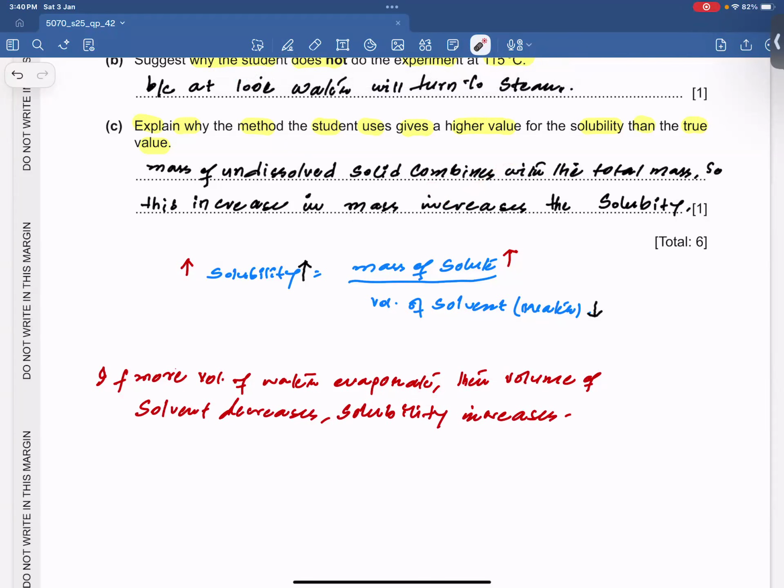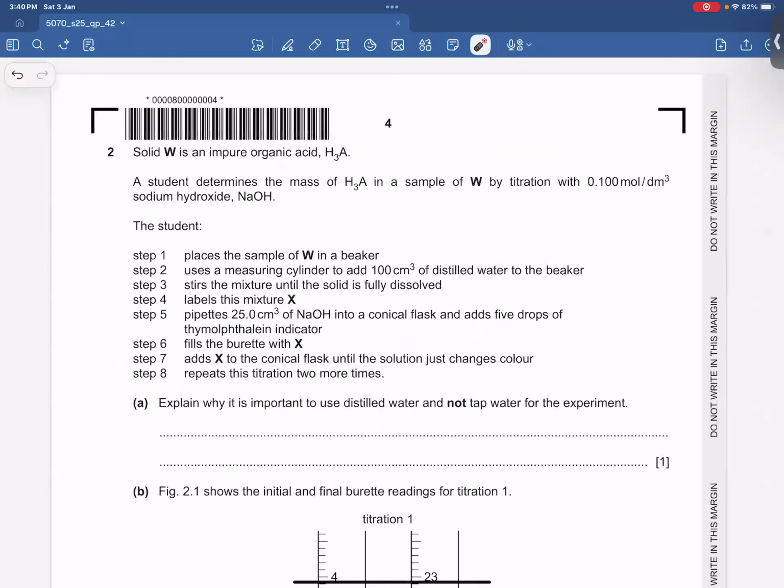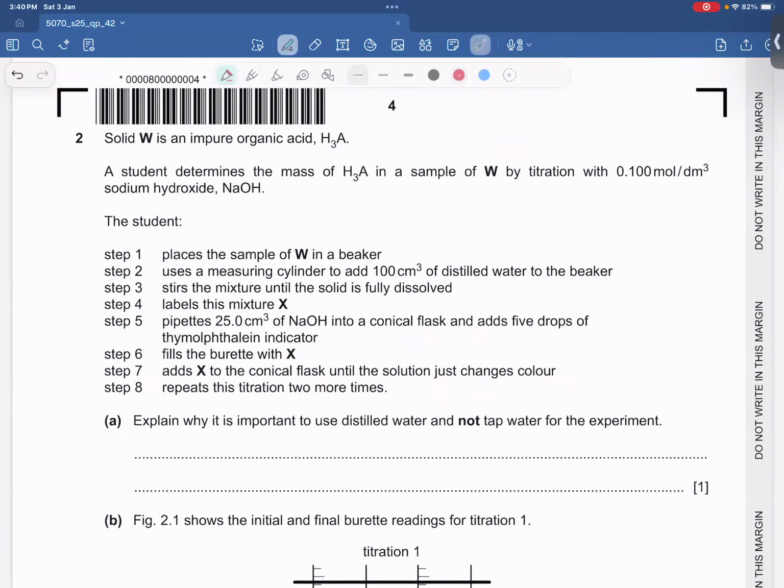That's question number 1. Let's talk about question number 2. Solid W is an impure organic acid H3A. In acid base salt, I've told you that the examiner generally represents it this way; basically it's an impure organic acid.